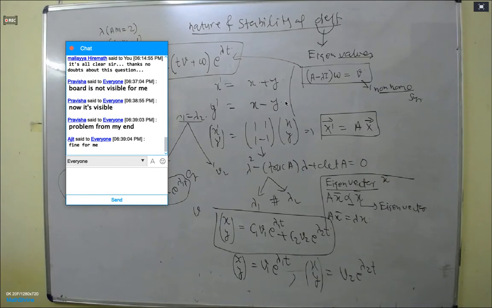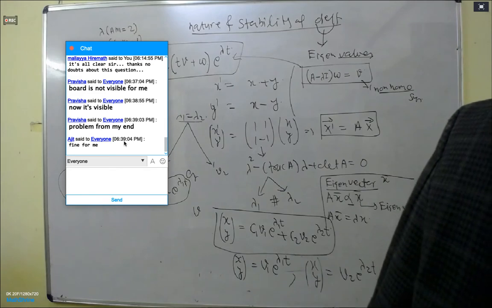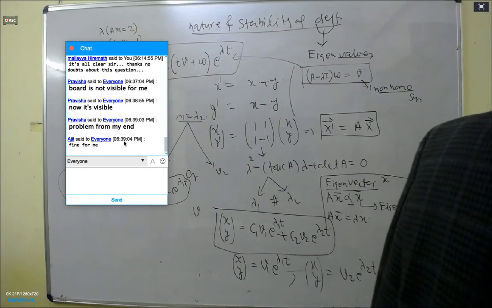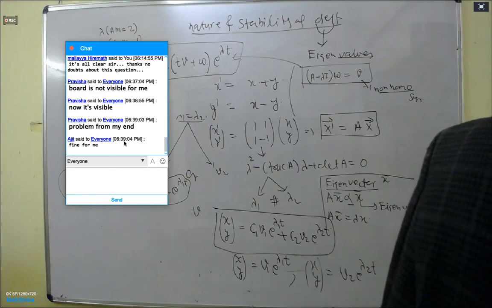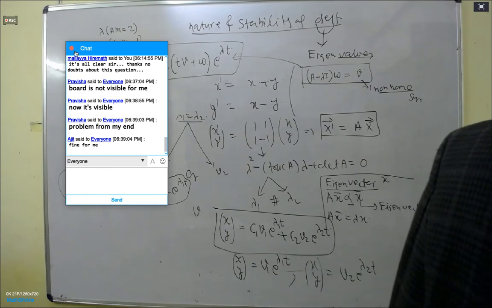Using the same argument, one can calculate for the 3 by 3 matrix also. So if the matrix is 3 by 3 and it has 3 distinct eigenvalues, you can write directly, right? All eigenvectors are different and the answer will be the same. So I can now erase it.